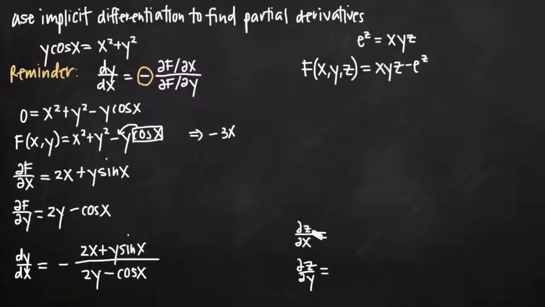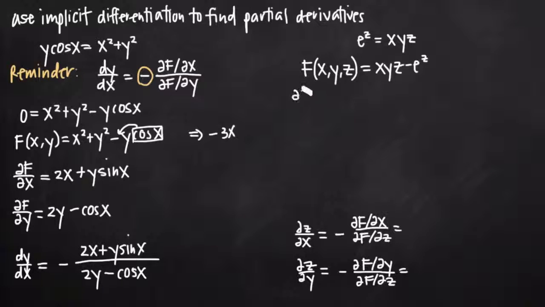Now what we know is that the partial derivative of z with respect to x is negative partial derivative of f with respect to x over the partial derivative of f with respect to z. Similarly, the partial derivative of z with respect to y is negative partial derivative of f with respect to y all over partial derivative of f with respect to z. So those are going to be our formulas. We need to find these 3 partial derivatives.